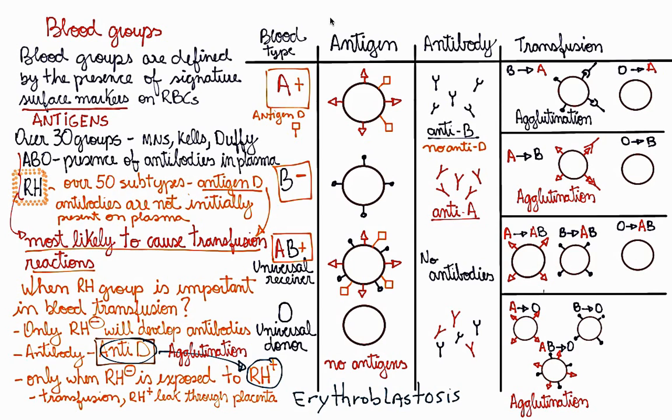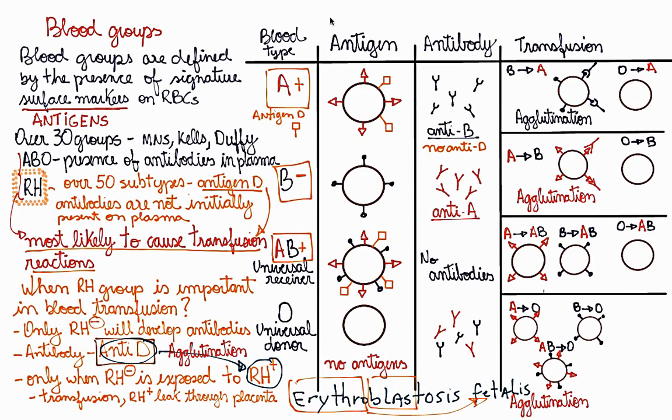Fetalis, and fetalis is for fetus or baby. Huge word to describe something very simple. I'm going to have the blast, I'm going to get a different color here, I'm going to have the blast of the red blood cells, in red, called erythro, of the baby. The blast of the red blood cells of the baby.